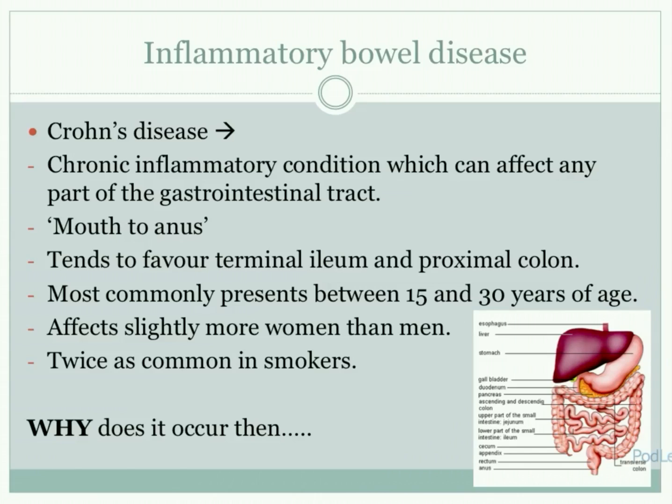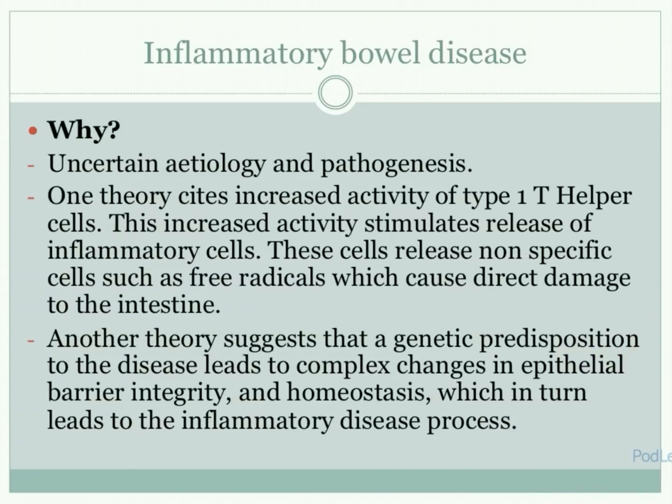Why does it occur then? So the etiology and pathogenesis is poorly understood. One theory cites that increased activity of type 1 T helper cells occurs. This increased activity stimulates the release of cytokines which drive an inflammatory process which affects the bowel, and this leads to the disease process.